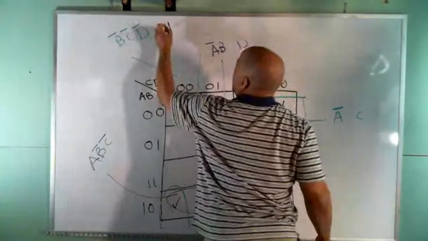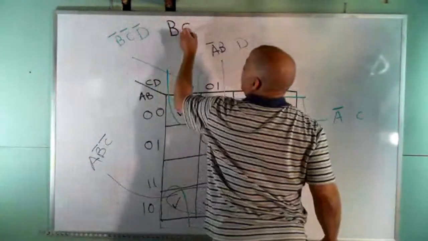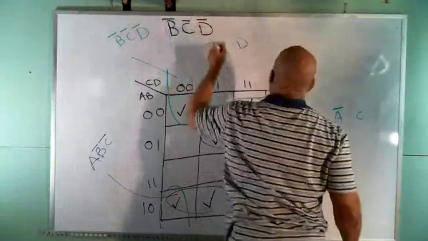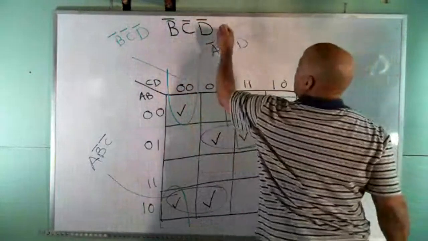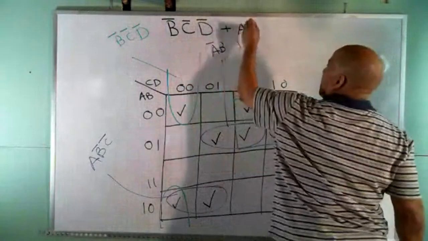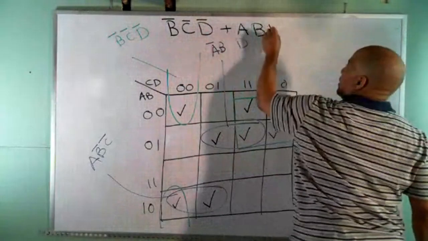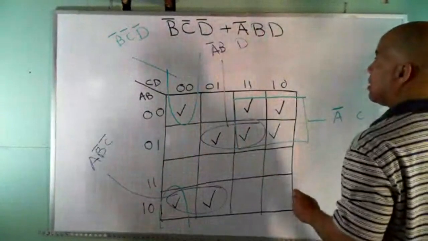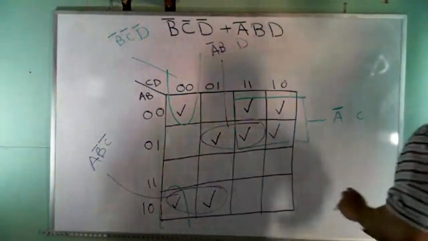So we get B, C, D, bar, bar, bar. You get A, B, D, we got a bar. Let me get rid of these as I do them.